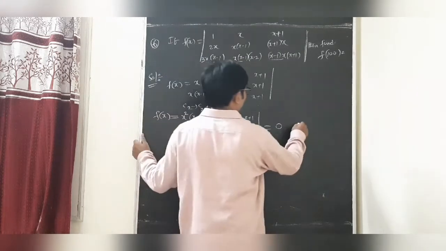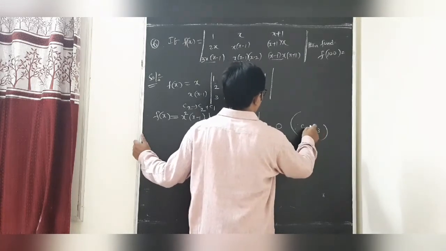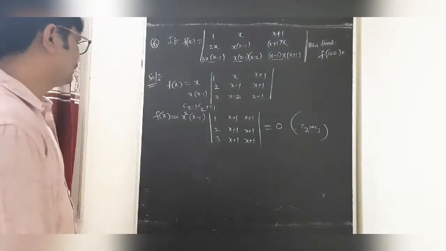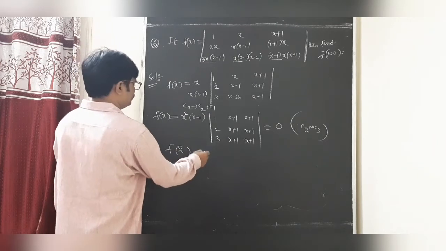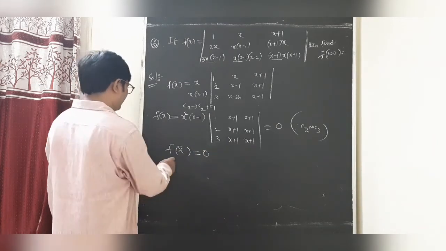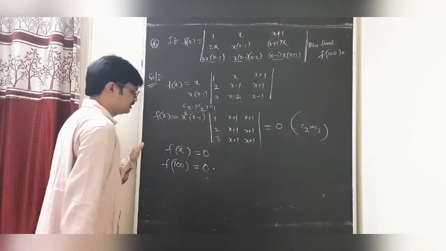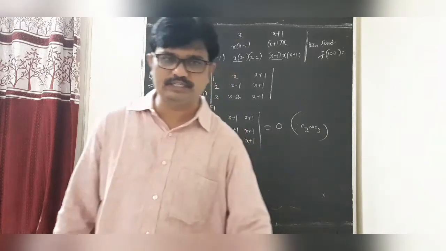So we got f of x equal to 0. How do we find f of 100? f is a constant function, so f of 100 is also 0.